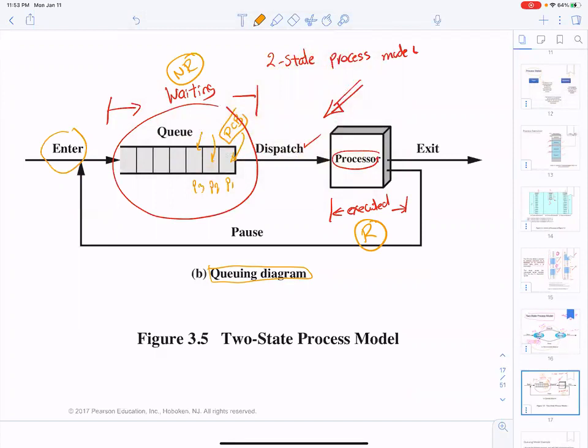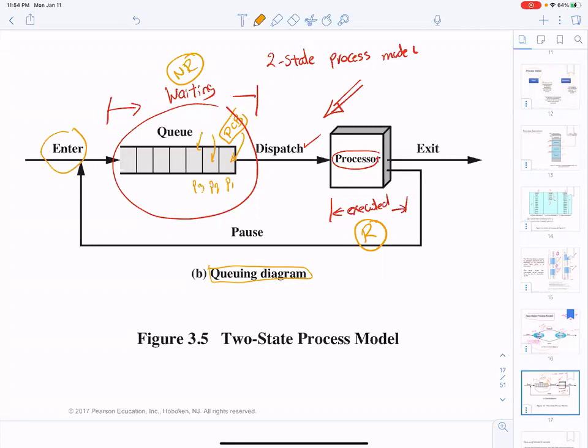Each entry of the queue is a pointer to the process control block. So when I say the process control block is stored in the queue, like in our memory management, we say that each entry in the queue is a simple pointer to the process control block. Alternatively, you could have a simple list to design your queue, or you could have a linked list, if you are a little bit familiar with data structures.